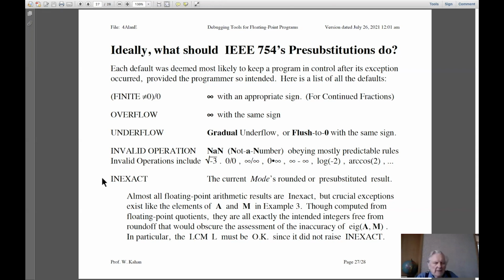The matrices A and M that we had a little while back, remember, for the vibrating structure, those matrices have elements that are integers, and although they are computed as floating point quotients, they're computed exactly. And therefore, you don't have to worry that the error in the final result is caused in part by uncertainty in the data.